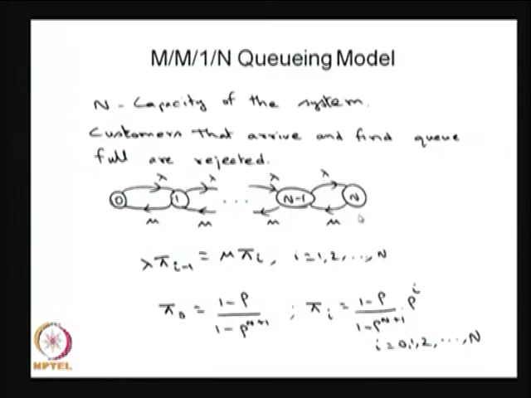If you see the Q matrix for this one, the infinitesimal generator matrix, that is a tridiagonal matrix with the off-diagonals being lambdas as well as mu, and the diagonals being minus (lambda plus mu) except the first row and the last row.